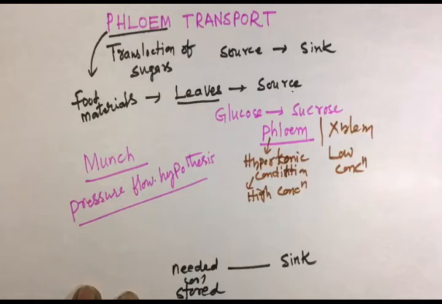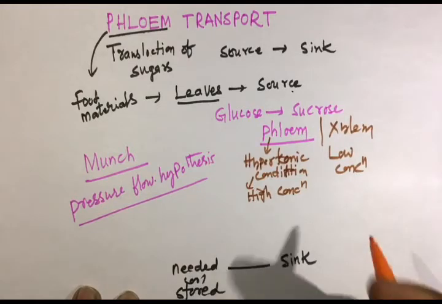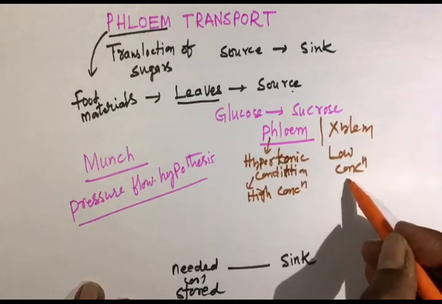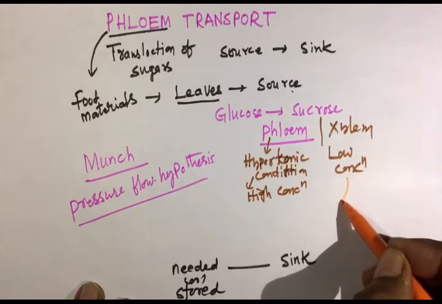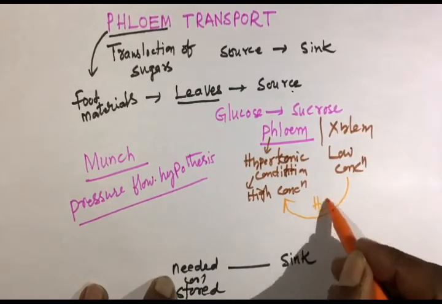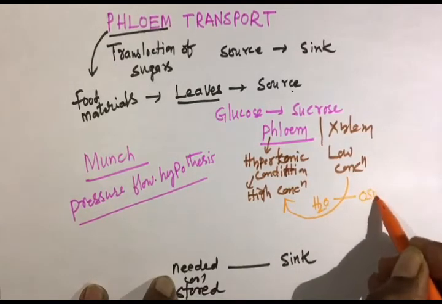Due to the difference in concentration between xylem and phloem, water from the xylem enters into phloem by a process that is osmosis.